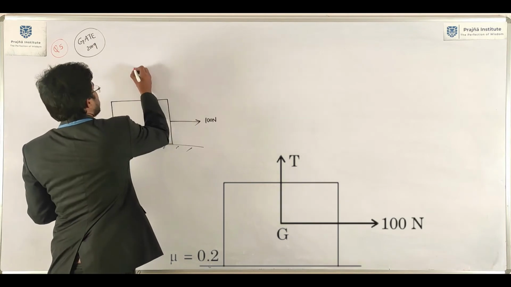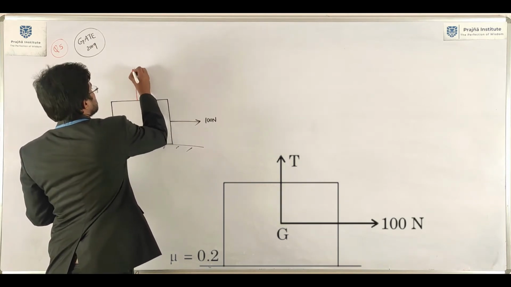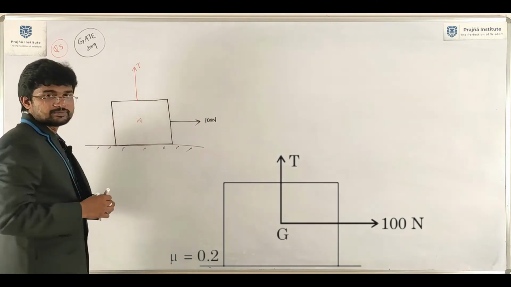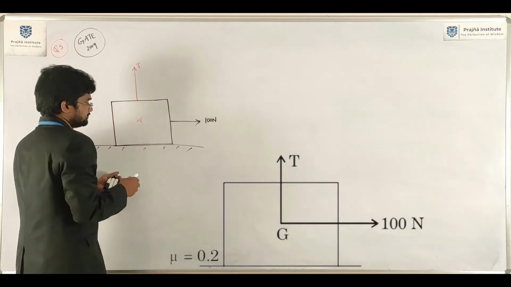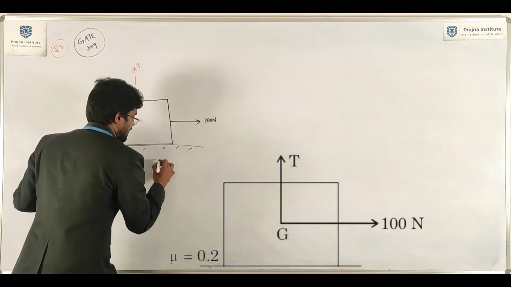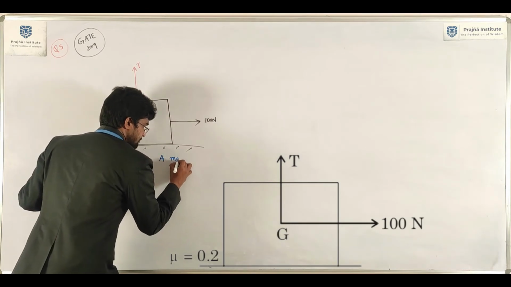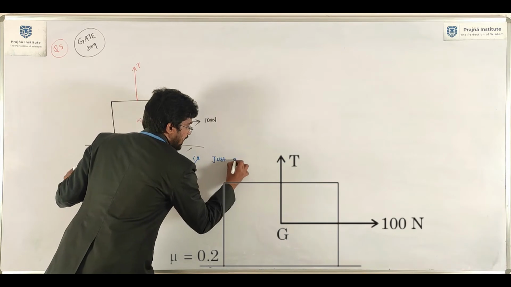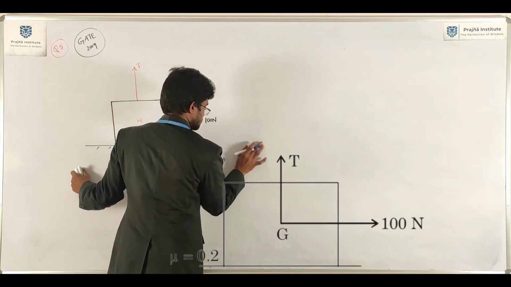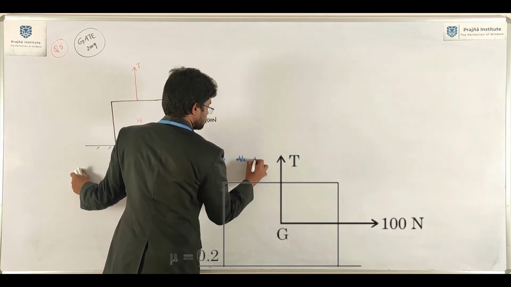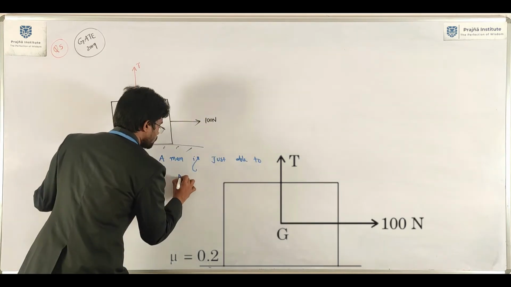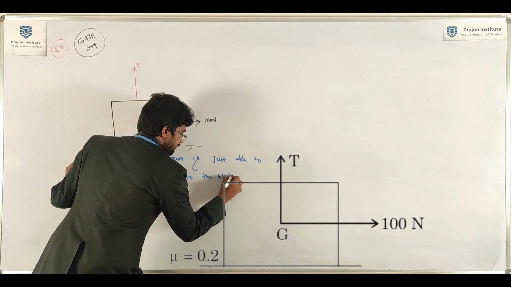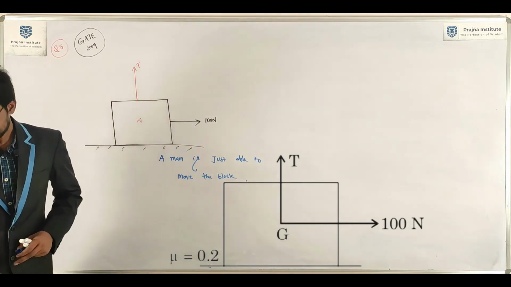Tension T is unknown, here it is W. A man is just able to move the block to the right.